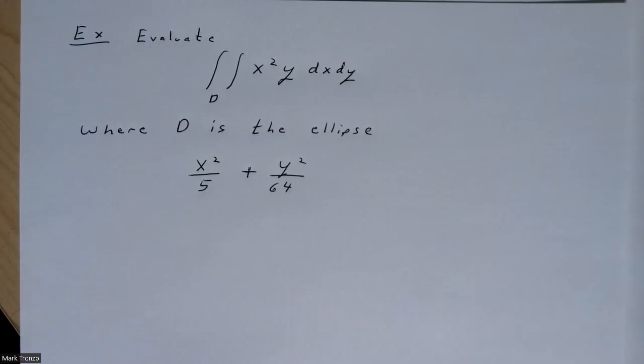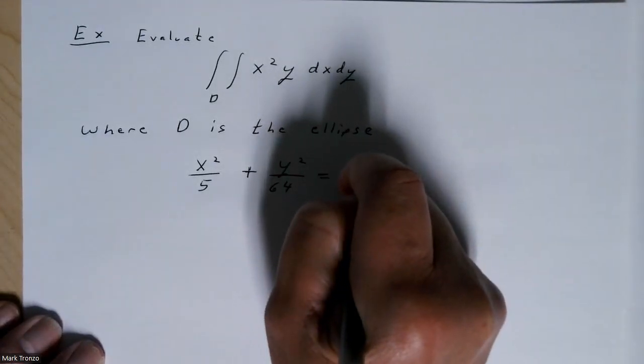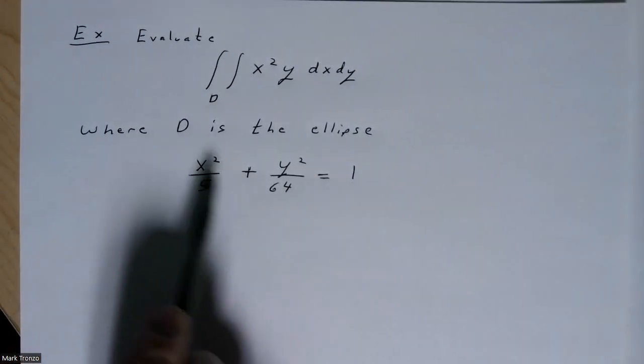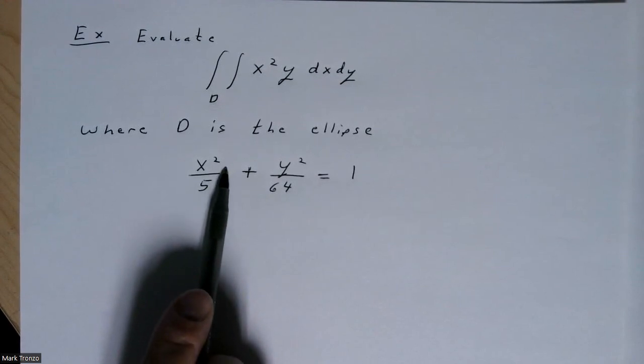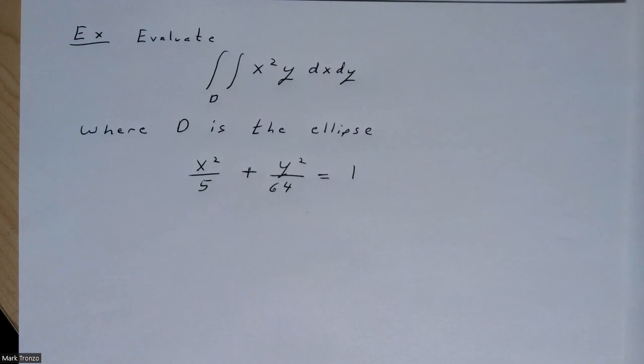So let's take a look at this problem here. Let's say we want to evaluate this double integral, and we want to evaluate over the domain D, which is the ellipse x squared over 5 plus y squared over 64. And let's see if we can use what we just learned to evaluate this.